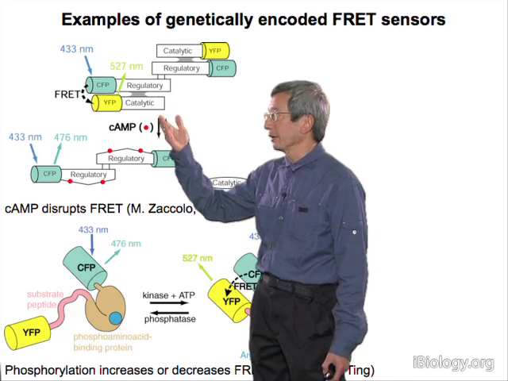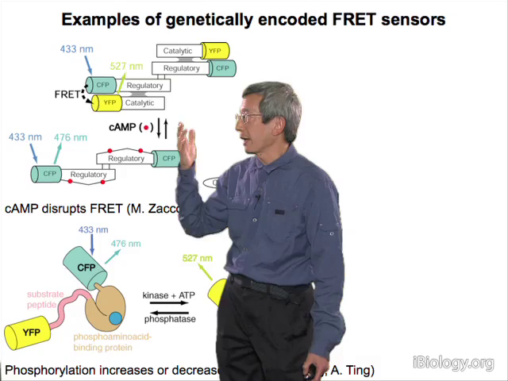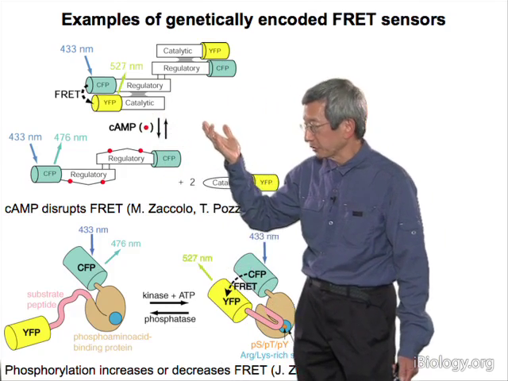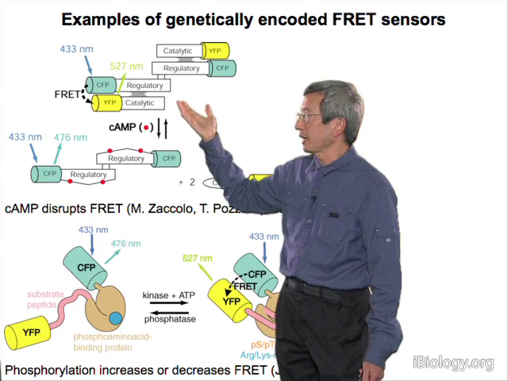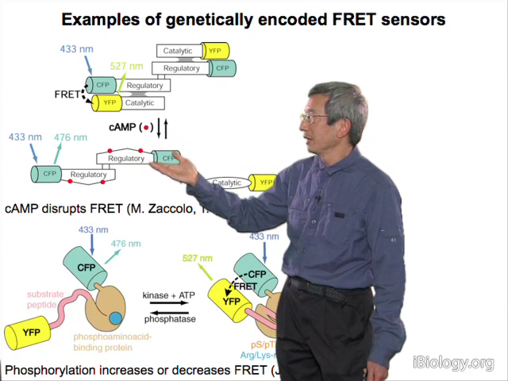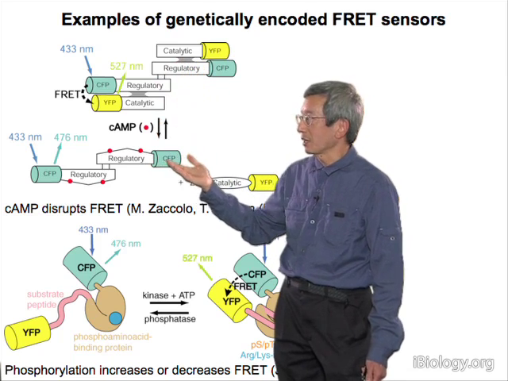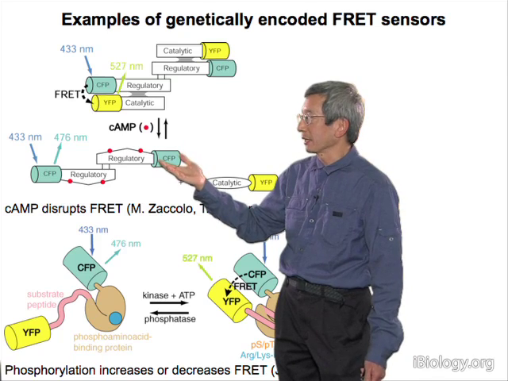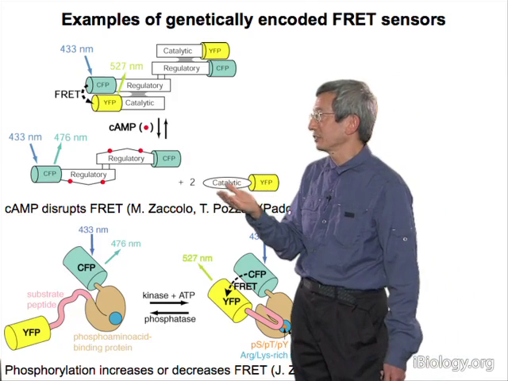This is a case where we can look at cyclic AMP. Cyclic AMP's original native biosensor inside most mammalian cells is called cyclic AMP-dependent protein kinase, and cyclic AMP binding to the regulatory subunit, there are two of them in this tetramer, causes a conformational change that makes the regulatory subunit spit out the catalytic subunit and stop binding to it.